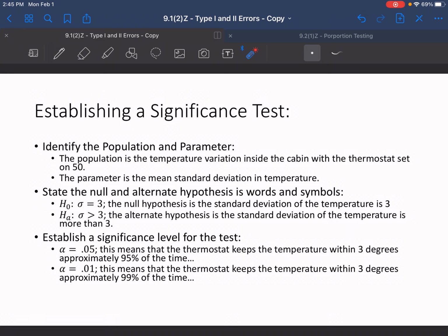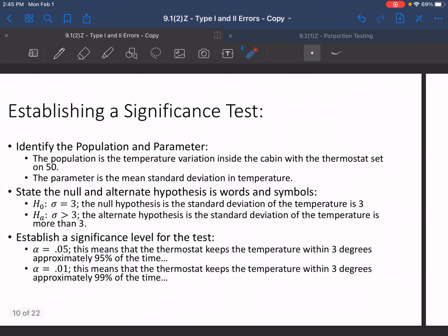The second significance level would be alpha equal to 0.01, and that would mean almost the exact same thing, other than it means that the thermostat keeps the temperature within 3 degrees approximately 99% of the time, or there's about a 1% chance for failure in this case.